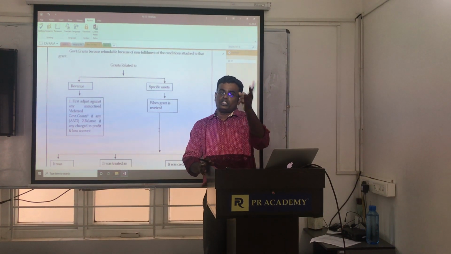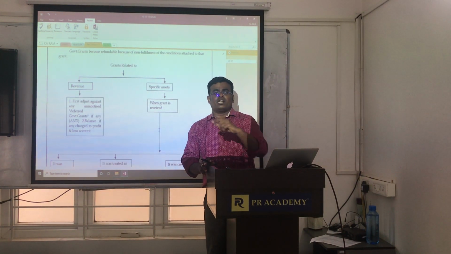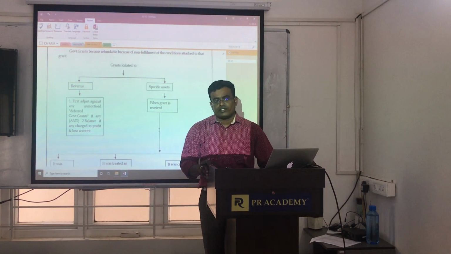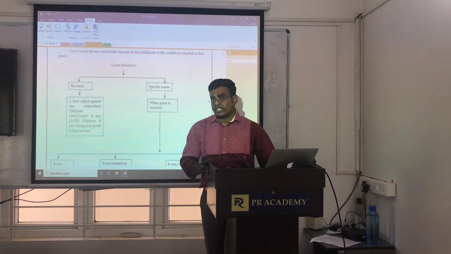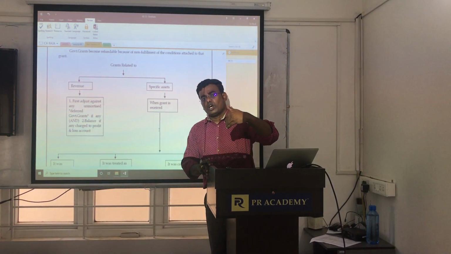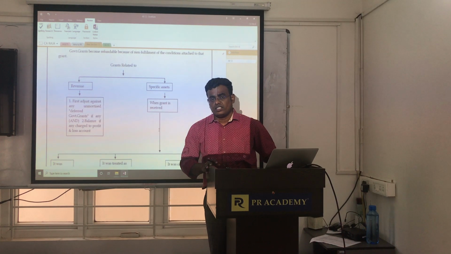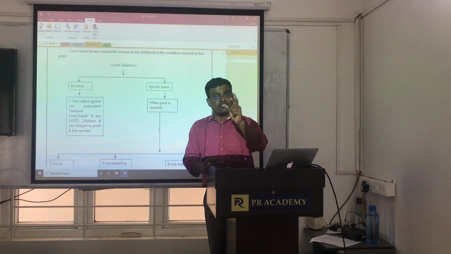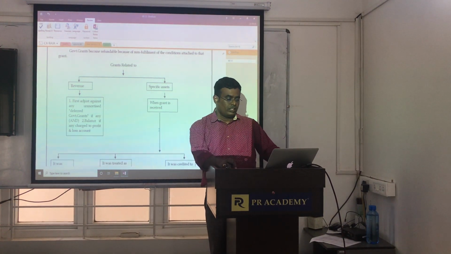One, either you would have reduced it from the cost of the asset and claimed depreciation on the balance amount. Accounting policy 2, instead of reducing the cost of the asset, you would have treated it as a deferred government grant. You would have charged depreciation in a normal way without affecting the asset, and the DGG would have been amortized over the life of the asset in proportion to depreciation. That is very important.